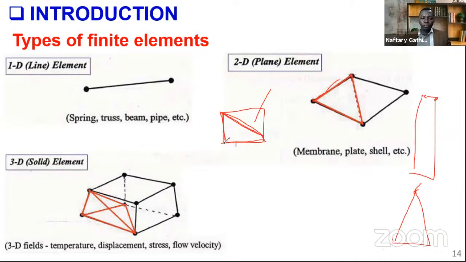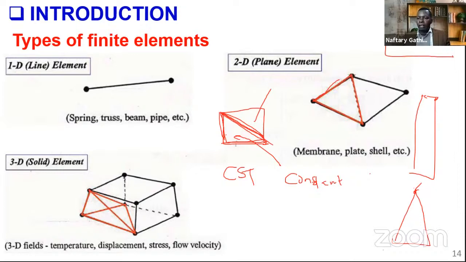Some of the software I've encountered likes using the triangular element. The advantage of this triangular element is that we call it a constant strain triangle, or CST. In the constant strain triangle, the strain inside the element is constant.